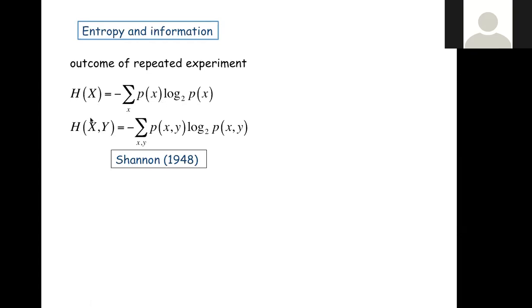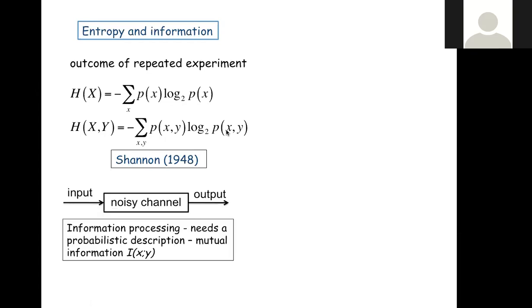And if we have two different variables, say in the cell we have expressed GFP, green fluorescent protein, and CFP, cyan fluorescent protein, we can write the joint probability distribution. Given these expressions of entropy and information, we can see that in a cell, we have some signal coming in from outside, and some noisy process going on inside the cell, and then we have an output.